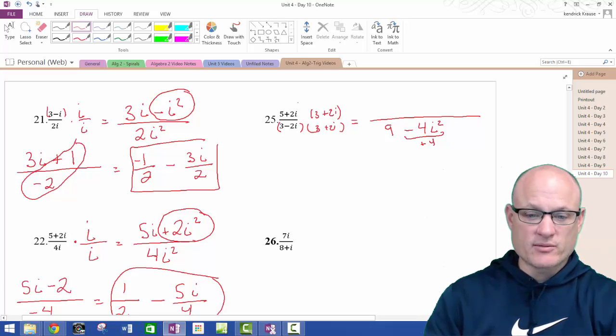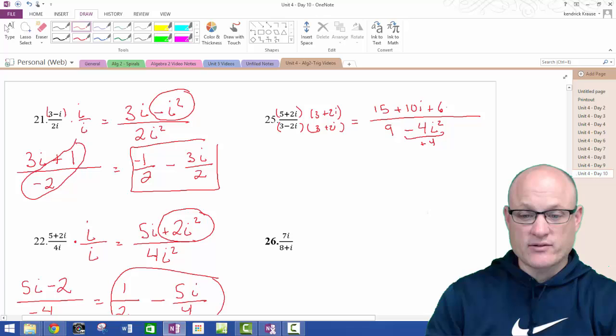But the numerator, we got some double distributing to do. We got craziness to do. So 5 times 3 is 15, plus 10i, plus 6i, plus 4i squared. Now this is really just minus 4.